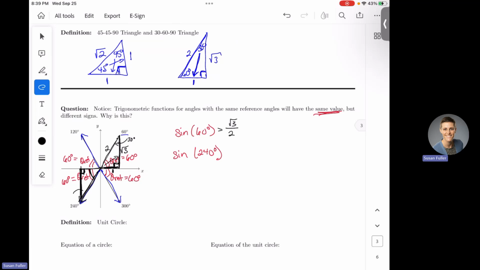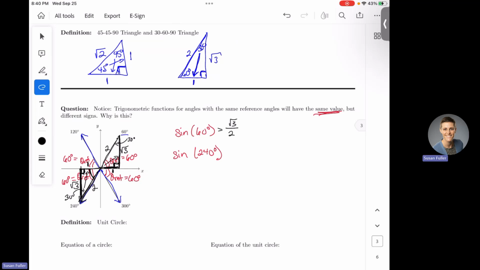So again, I know that this extra angle up here is 30 degrees because all three angles in a triangle have to add to 180 degrees. So this is also a 30, 60, 90 triangle. And I know that the side opposite the 30-degree angle has to be 1/2 of the hypotenuse. And that means that the side opposite the 60-degree angle is going to be root 3 right here.